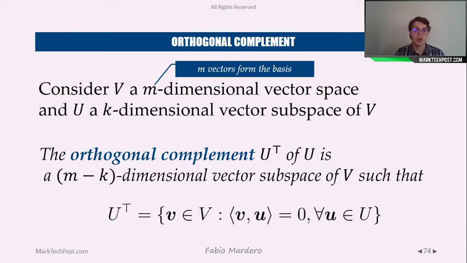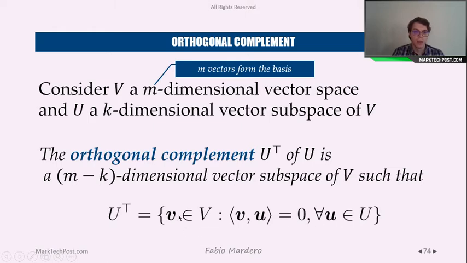And we take U as a k-dimensional vector subspace of V. Now we say that given V and U, the orthogonal complement of U is an m minus k dimensional vector subspace, and it is defined in the following way.